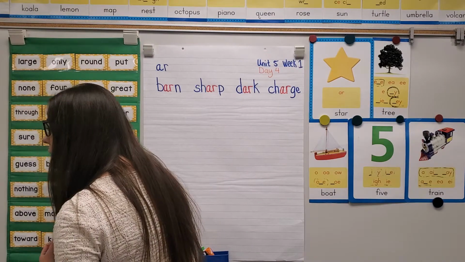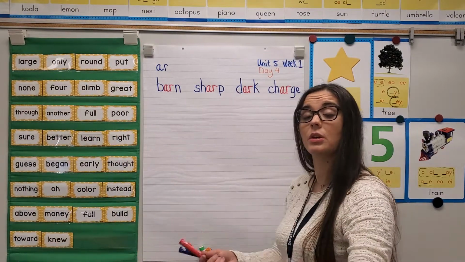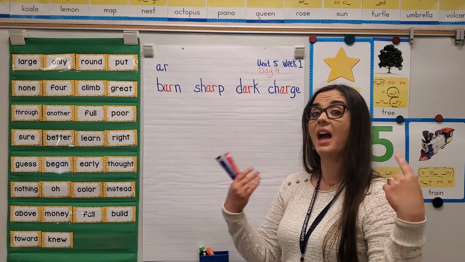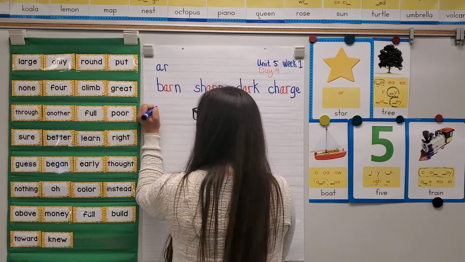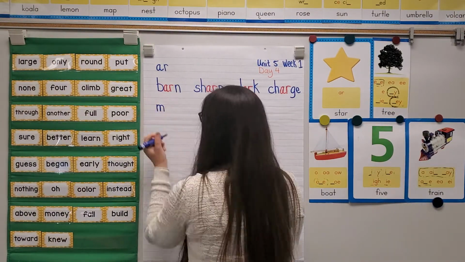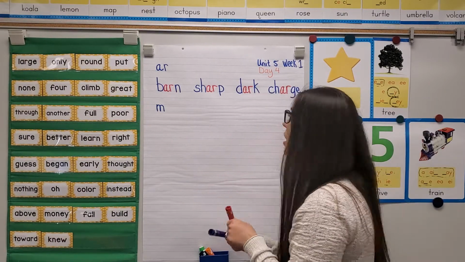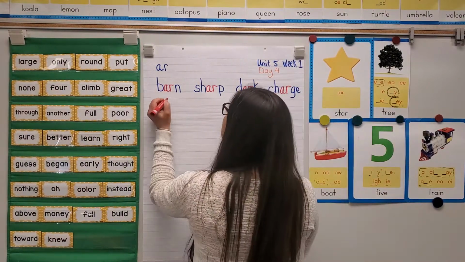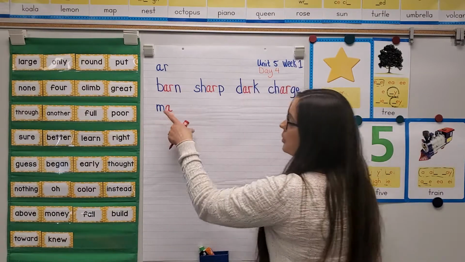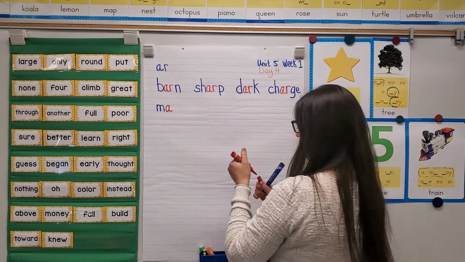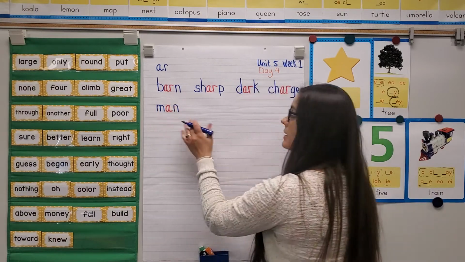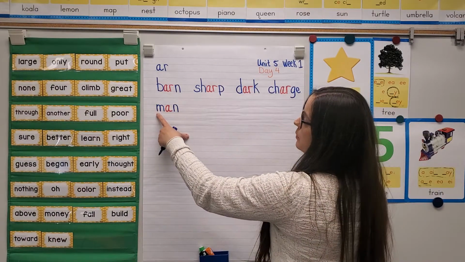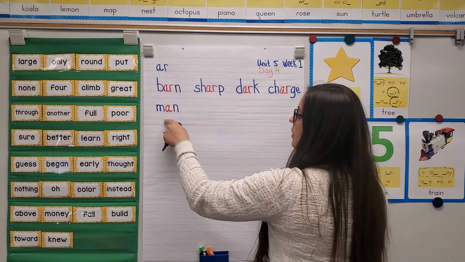All right, next word, man, your turn. M-A-N, man, man. We have a short A in there, no R, no long A. M-A and says, let's blend. Man.